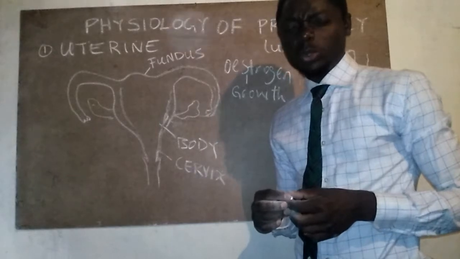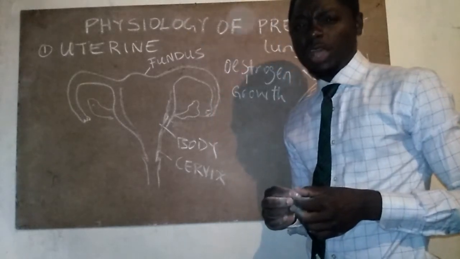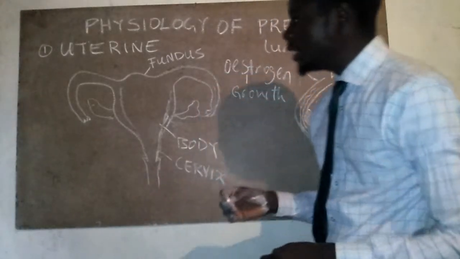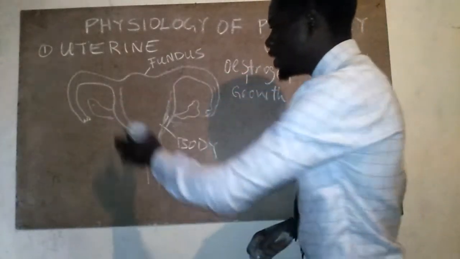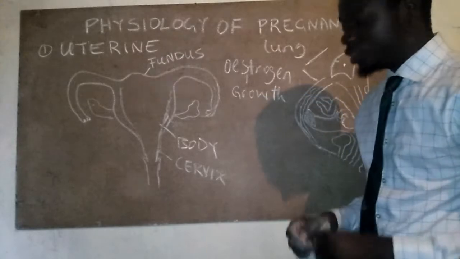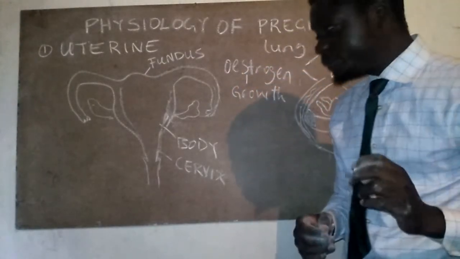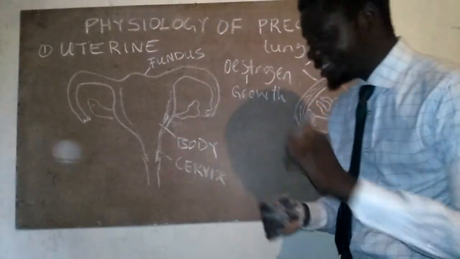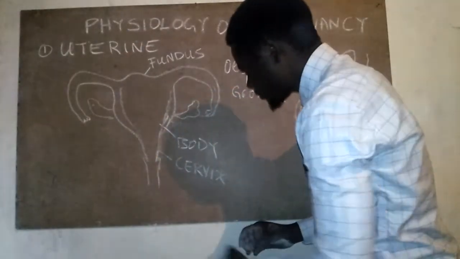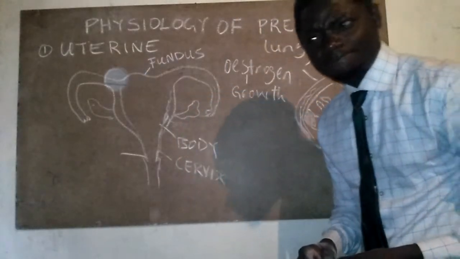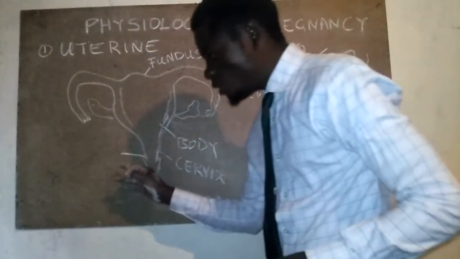Those are the ones which secrete a large amount of estrogen, and estrogen is going to go around in the blood and start causing maternal growth of the uterus. So it's estrogen that stimulates that, and besides that, estrogen is going to cause the cervical cells to start secreting mucus.